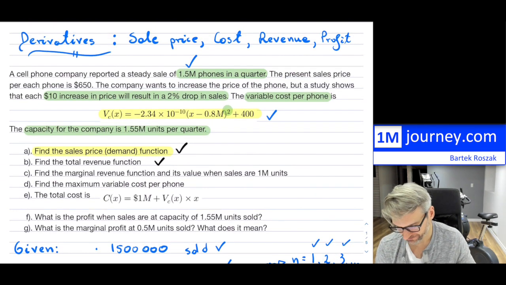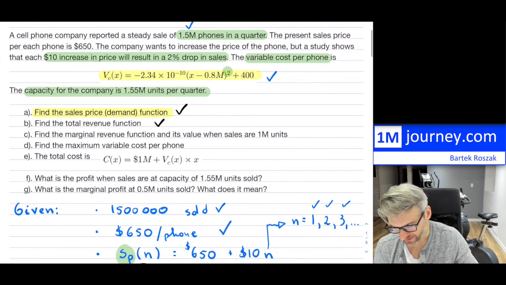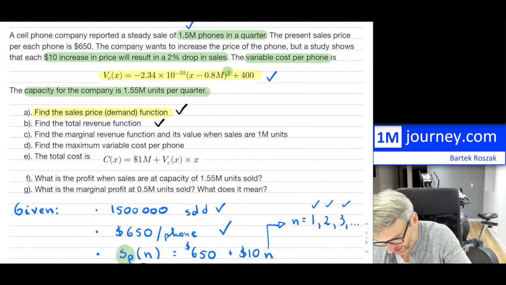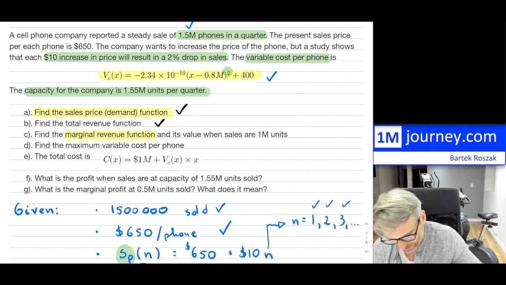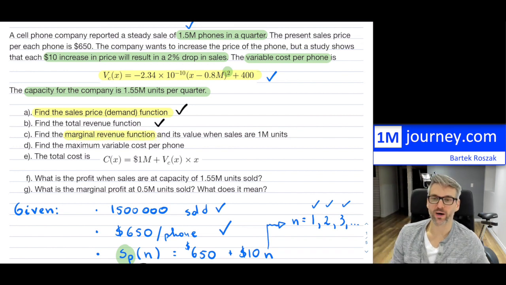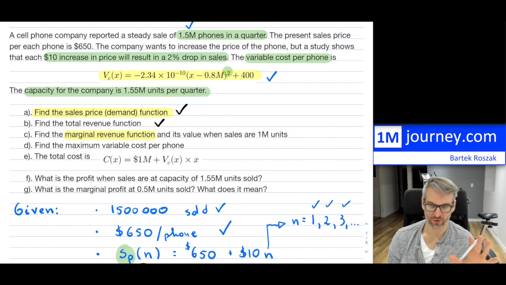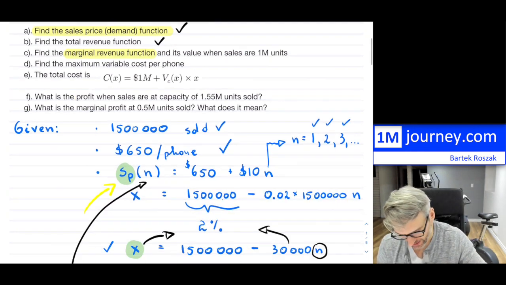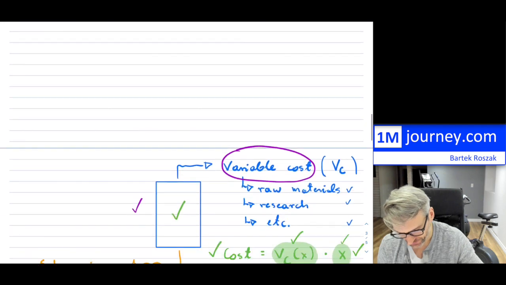Now that I have that, they move over next and start introducing this: find the marginal revenue function and its value when sales are 1 million units. Let me go back in here.